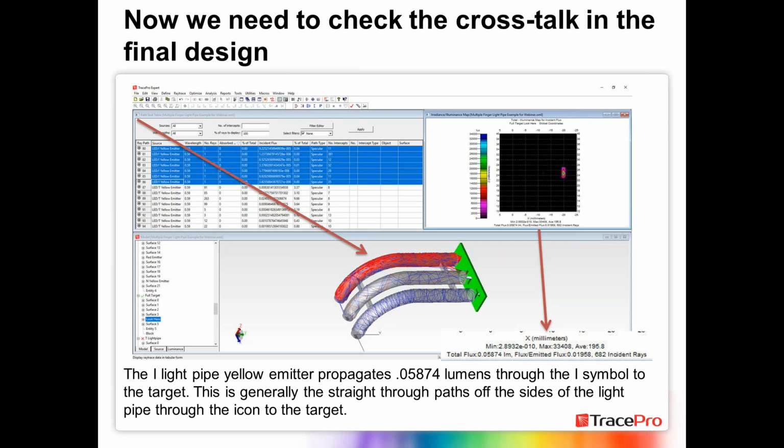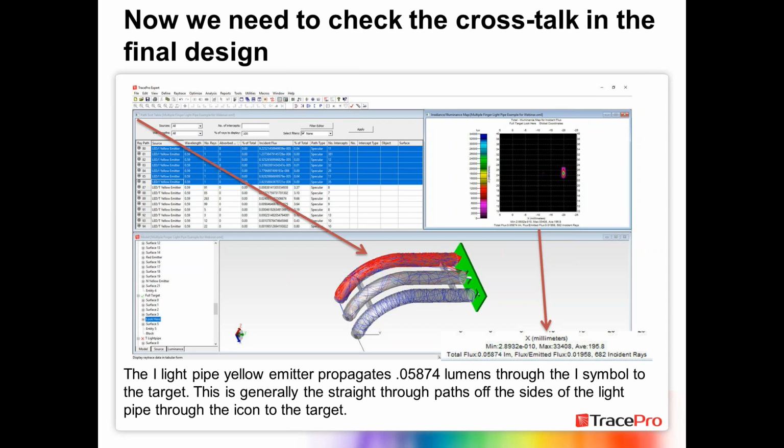But we do see that there is some light going from the cross member that holds the three light pipes in place going over to the N. Well, we can see the total amount of power. That total flux of 0.05874 lumens is important because I want to see what it looks like over on the N. So I did these paths.